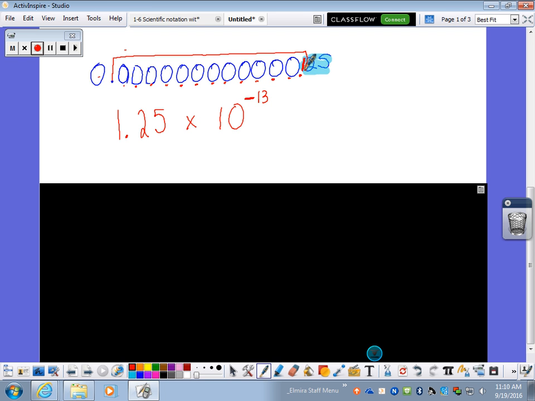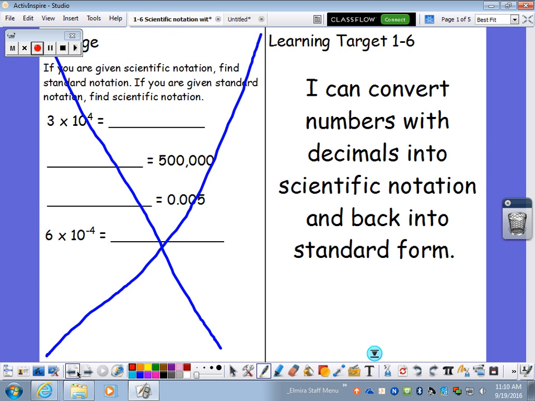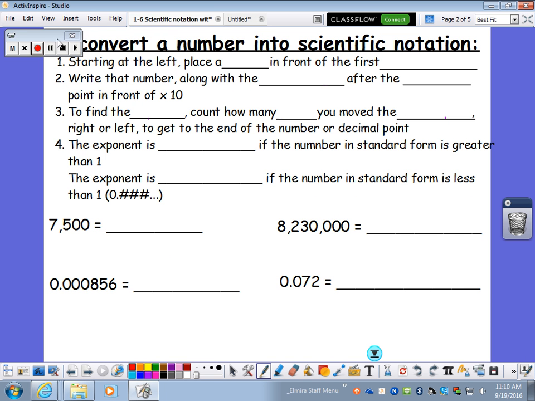So now going into our notes. To convert a number into scientific notation, starting at the left, place a decimal in front of the first non-zero number.